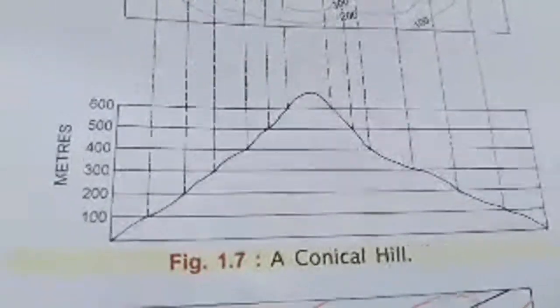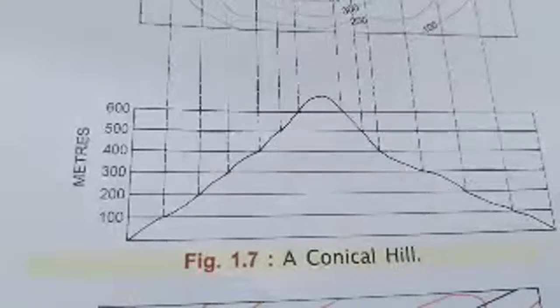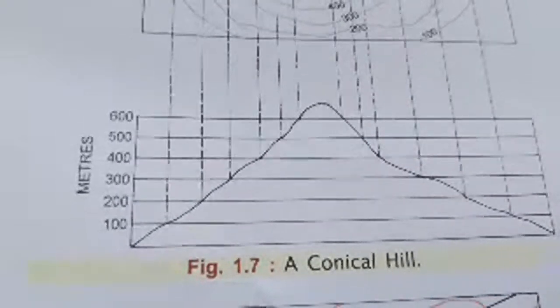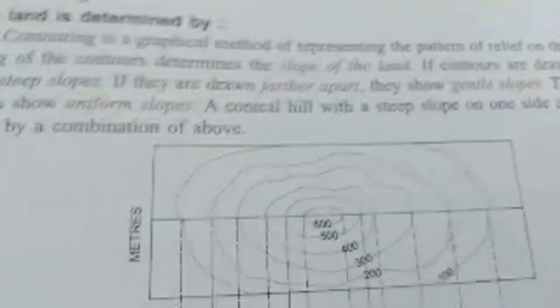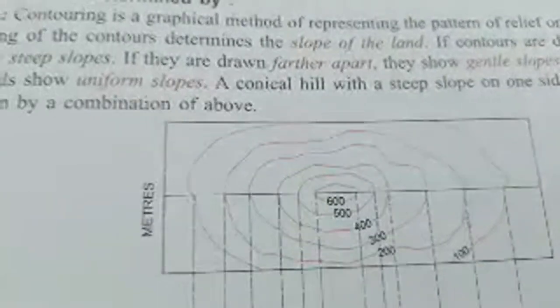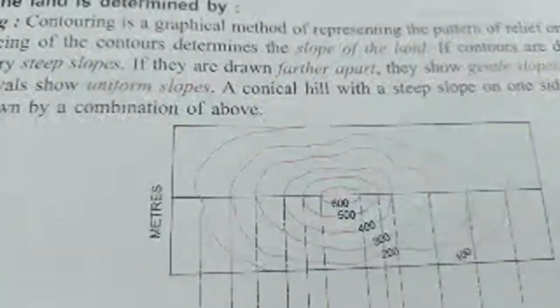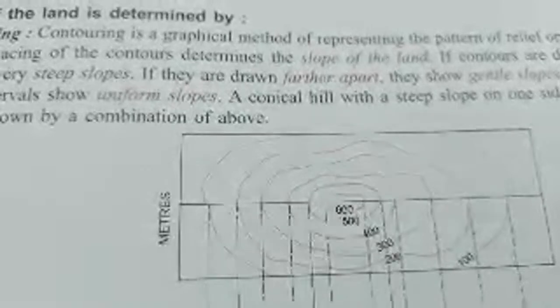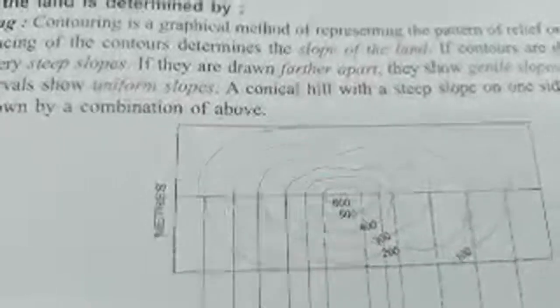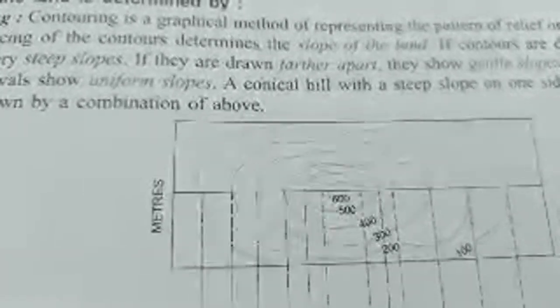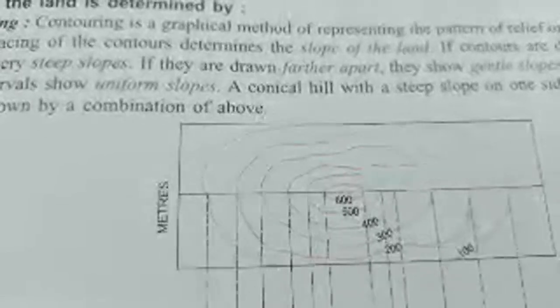Can you see? And this conical hill, if you look here above, can you see the brown line, right? Round in shape. And you can see here the numbers are also written: 100, 200, 300, 400, 500, 600.